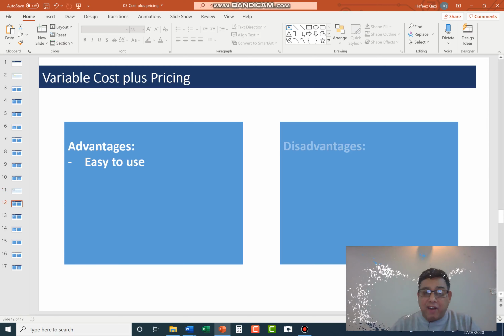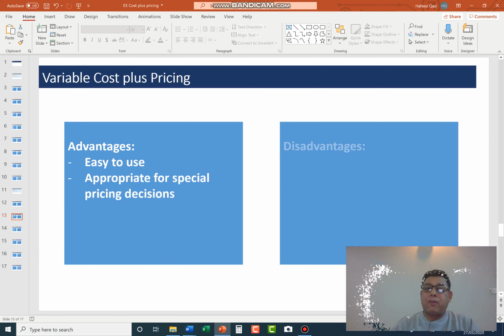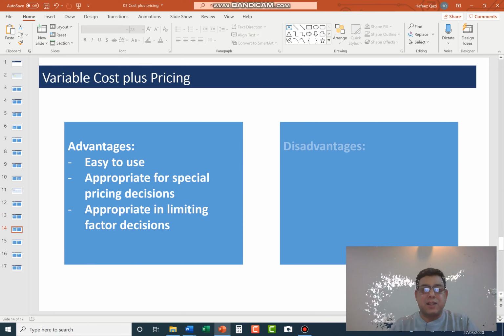So again, it is very easy to use, and appropriate for special pricing decisions as I was talking about. In a different session, we will discuss the relevant costing or incremental costing techniques, and you will see how the variable or marginal costing is going to help us in arriving at special pricing decisions.